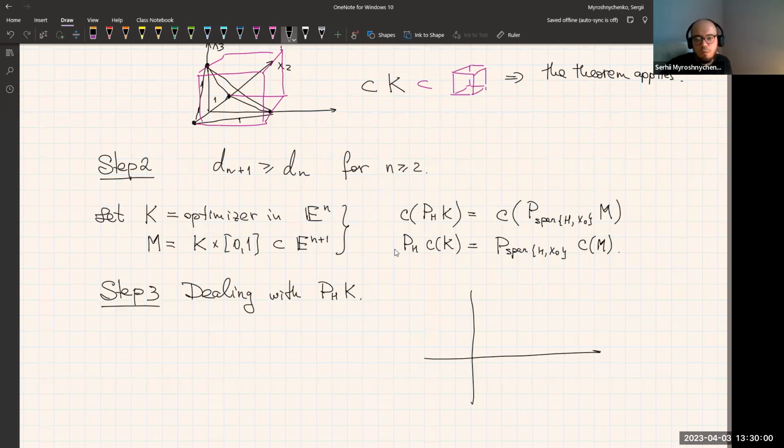So let's look at our plane x1, x2, and the shape that we have probably looks something like this. Why not make it look symmetrical? Okay, so this is our projection.